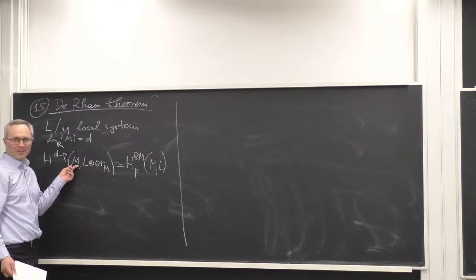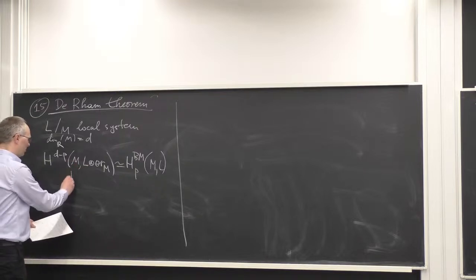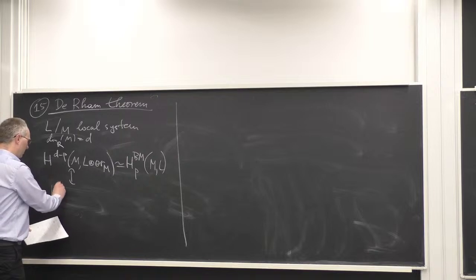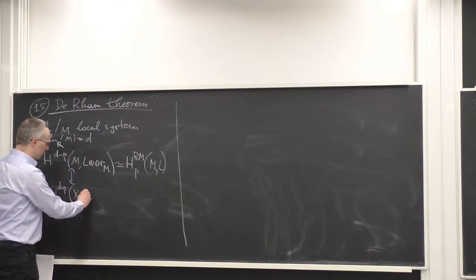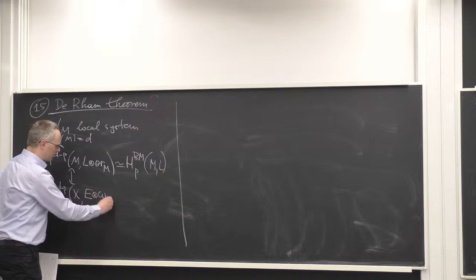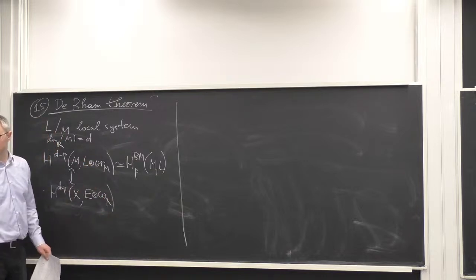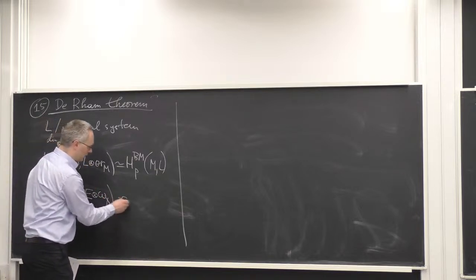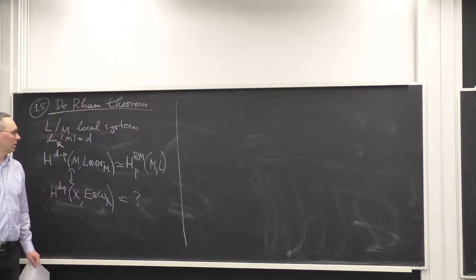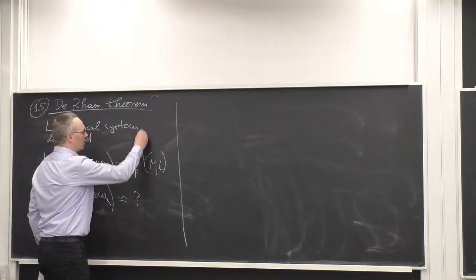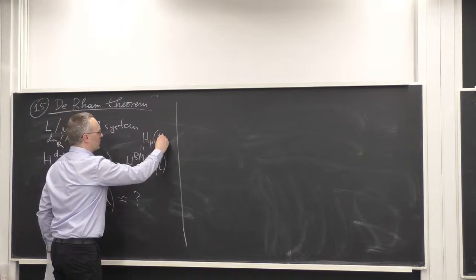Okay, and so the translation of the left-hand side to the right-hand side is clear, because we replace M by X. So this corresponds to H^(d-p), where X is some d-dimensional complex projective variety. Here we have some vector bundle tensored by omega_X. I just translated with this dictionary. Probably it's good to mention that if M is compact, then on the right-hand side we have just the usual one.